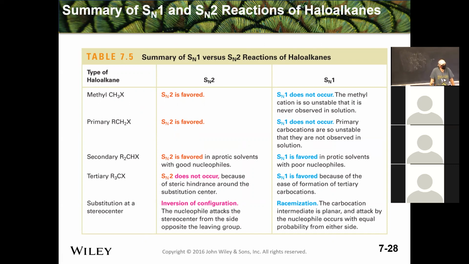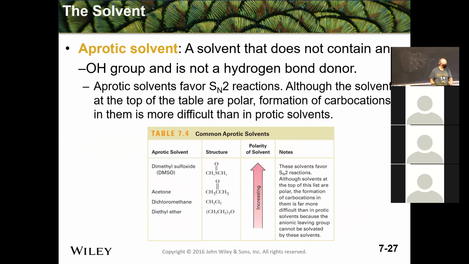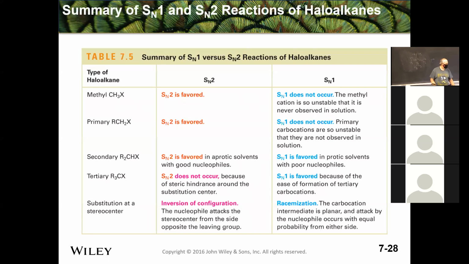A big determining factor in which way it's going to go is the solvent. What we just talked about, protic versus aprotic. In a protic solvent with poor nucleophiles, maybe something like water or methanol, that's going to favor the separation of ions, so that'll favor SN1. In an aprotic solvent, such as one of these, it will favor SN2.